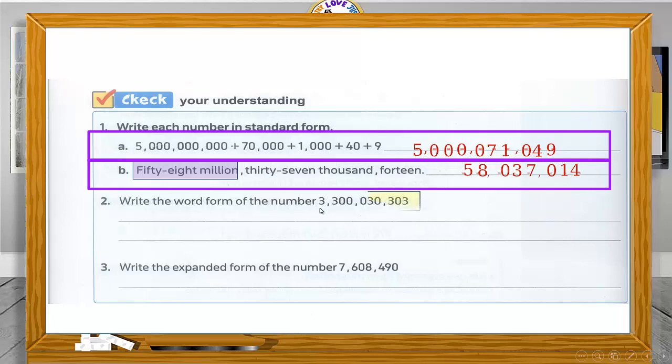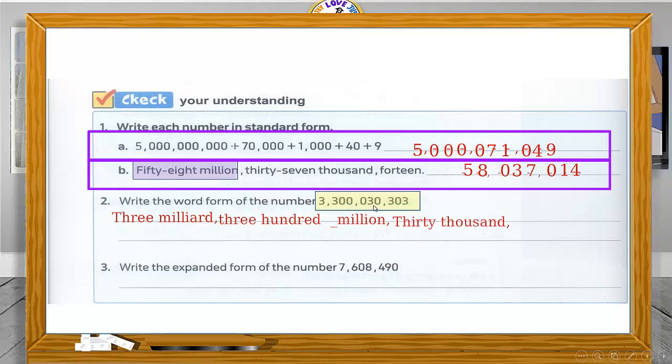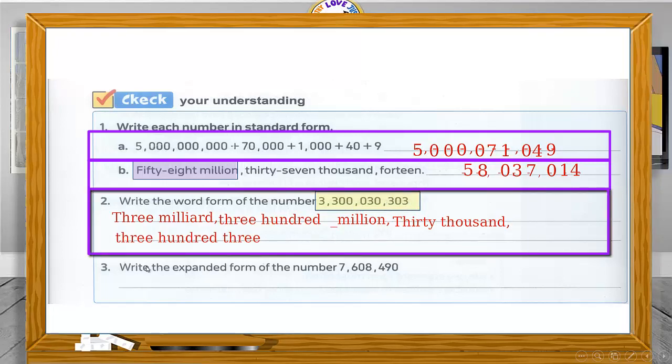Yes, right? Next, 300 million. Right, 300 million. 30,000. Right, 30,000. 303. Finished. Okay, so easy if you read each period.